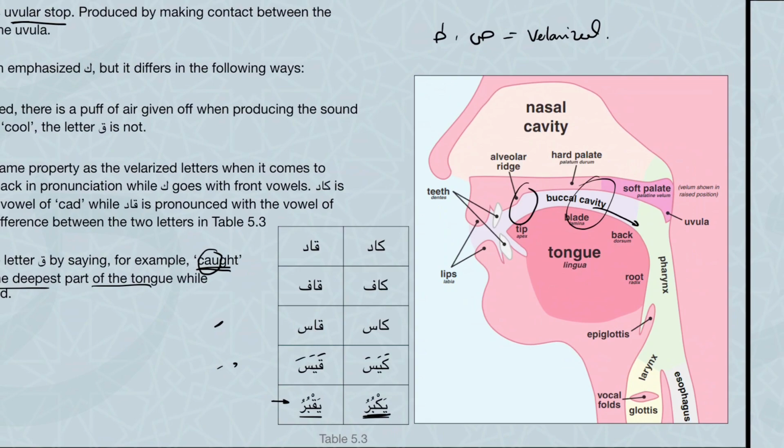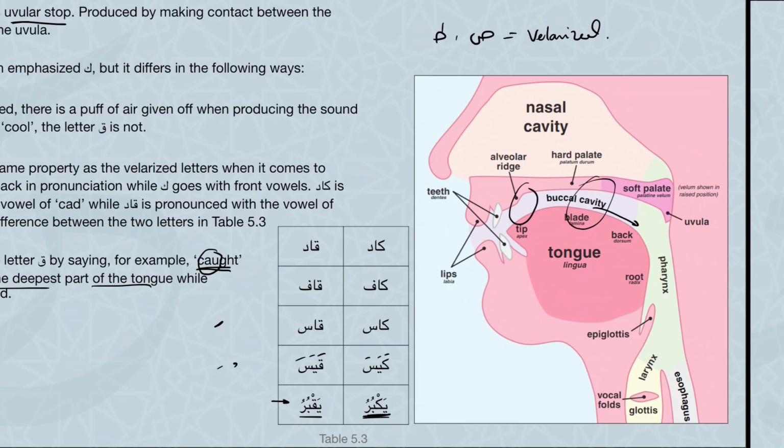But if we imagine that I'm lying down and the back of the tongue is inverted, the gravity would pull my tongue to the ground, downwards, which helps bring the back of the tongue closer to the uvula.